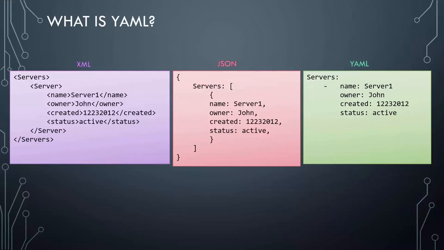Here is a quick comparison of a sample data in 3 different formats. The one on the left is XML, where we display a list of servers and their information. The same data is represented in JSON format in the middle, and finally in YAML format to the right. Take a minute to compare the 3 formats.